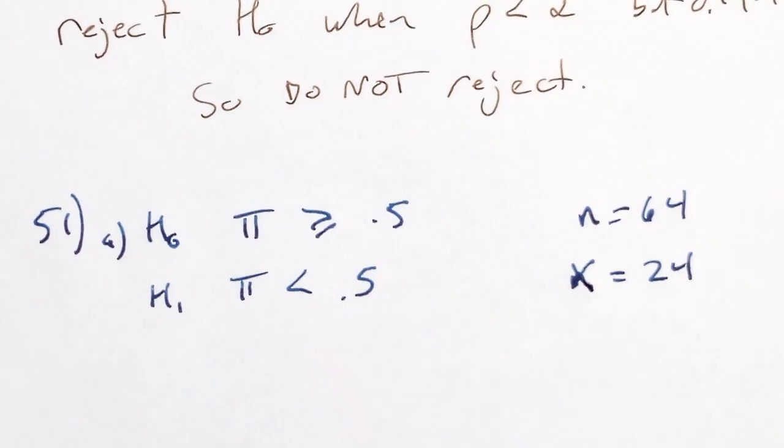One tail, because two tail is only equal or not equal. This is just looking at less. And if it's just looking at less, are we doing a right tail or a left tail? I'm looking at less though. Left tail.